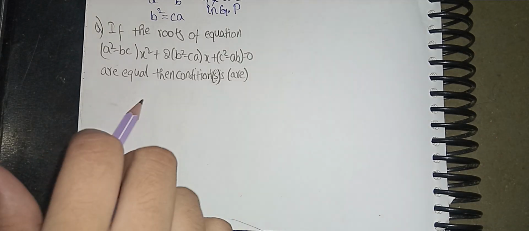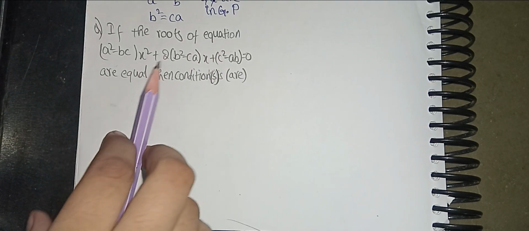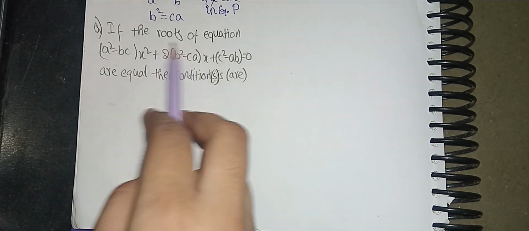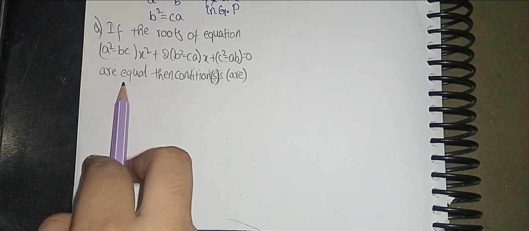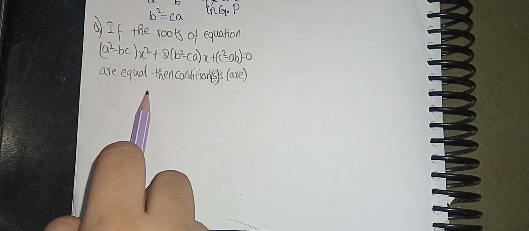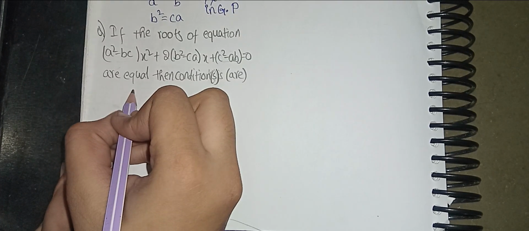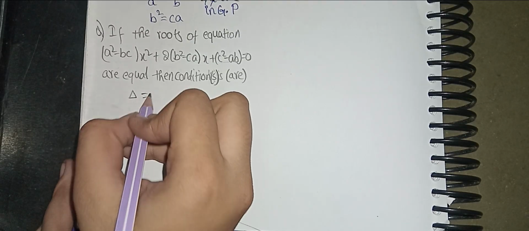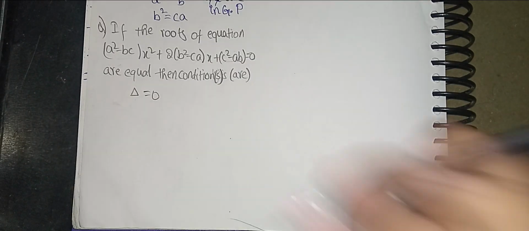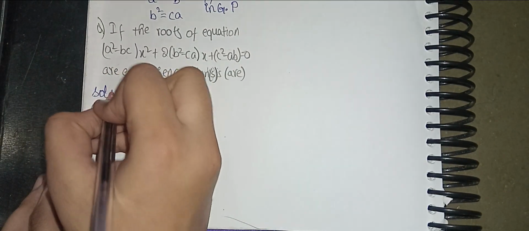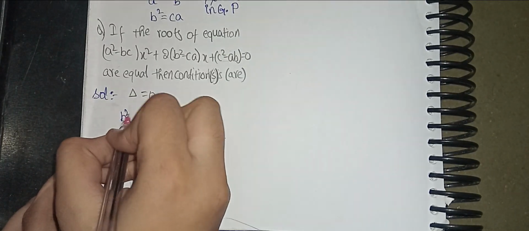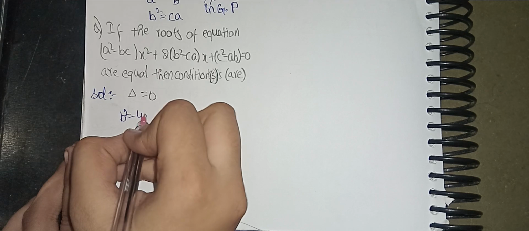See, here in this question they have given that roots of this equation are equal. Then the condition is, roots are equal means delta should be 0, right? If roots are equal, then delta should be 0. What is delta? B square minus 4ac.